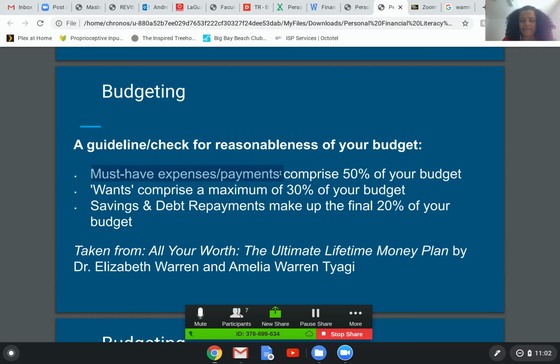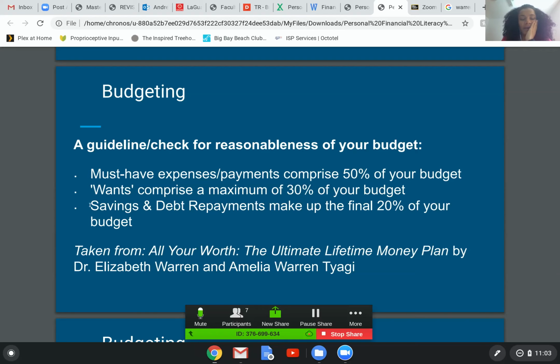Must-have expenses, fixed expenses that you really cannot do without, could be about 50% of your budget. Wants: there are still things I want to do once we're out of lockdown, like go out to eat, have some entertainment, or go on vacation.